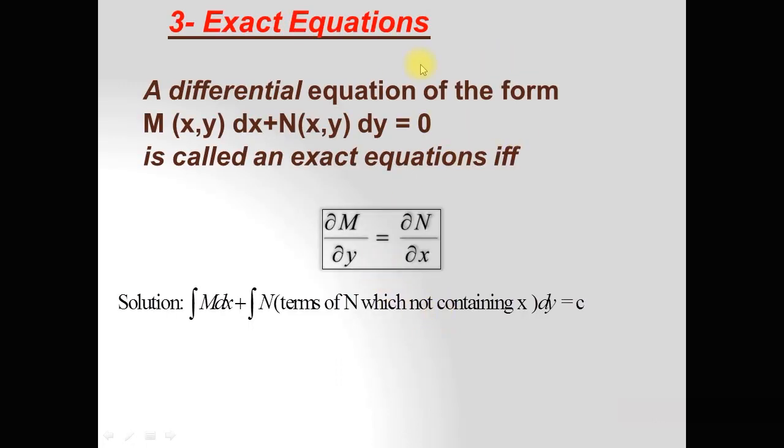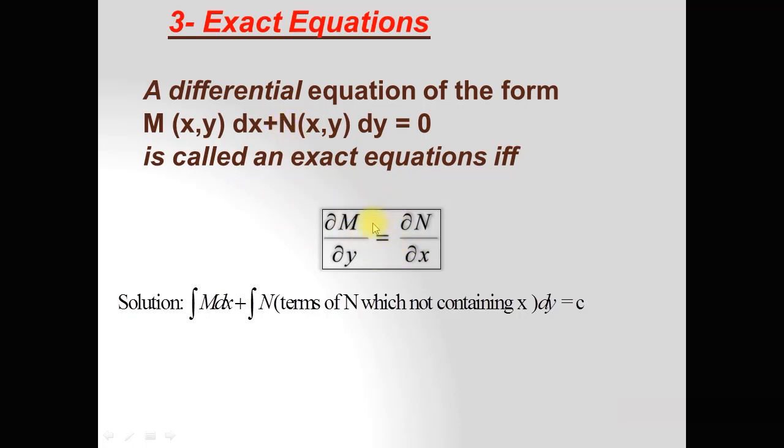Now, exact differential equations. Dear students, suppose we have a first order differential equation M dx plus N dy is equal to 0. Then this differential equation will be exact if partial M by partial y is equal to partial N by partial x. So first of all, check whether this differential equation is exact.